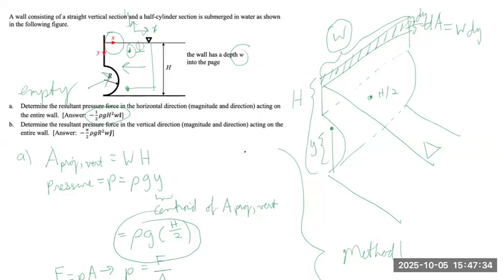Because again, if there was no semicircular section, it would just be a vertical wall and there would be no vertical force. However, since there is this semicircular section, the only difference is that a certain amount of water is displaced. And since a certain amount of water is displaced, there is a buoyancy force associated with it.